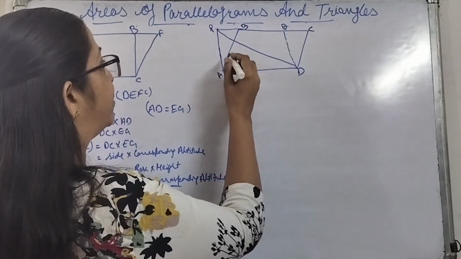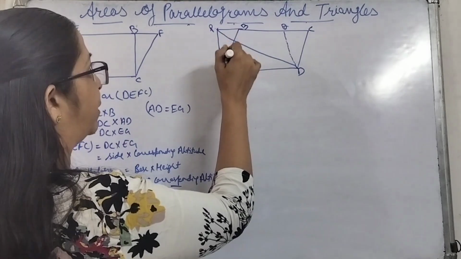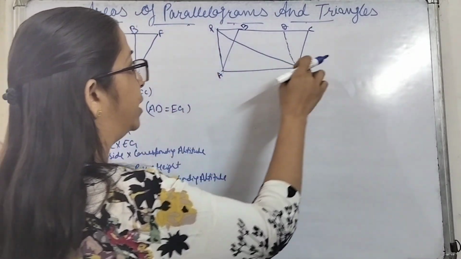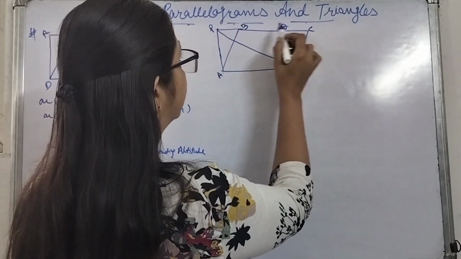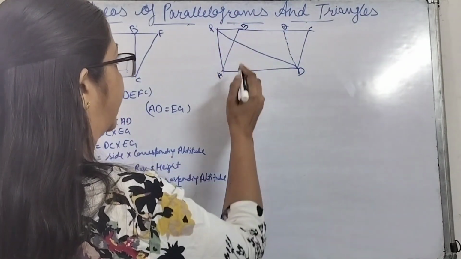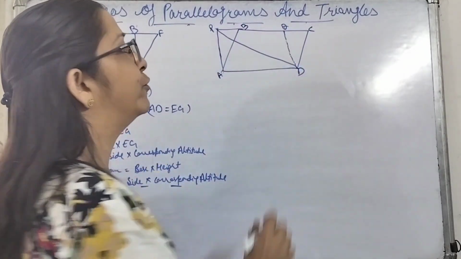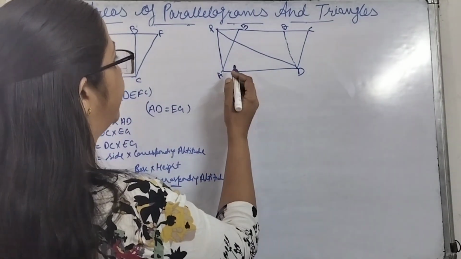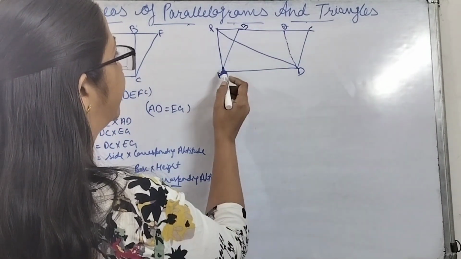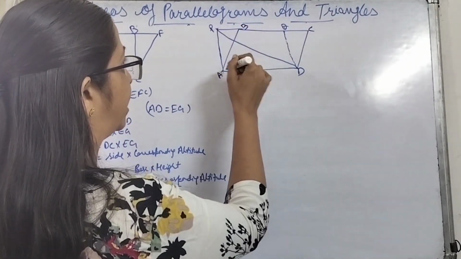We will make a line from the point D which will be parallel to AP. This line will intersect the line PC at point Q. Now, because this is parallel to AP and AD is parallel to PQ, APQD will be a parallelogram. Earlier ABCD was a parallelogram and we had taken a triangle APD, but now we have drawn a line DQ parallel to AP and joined it.